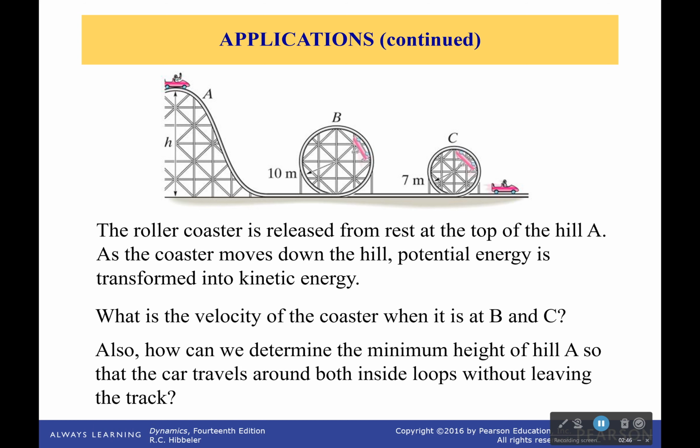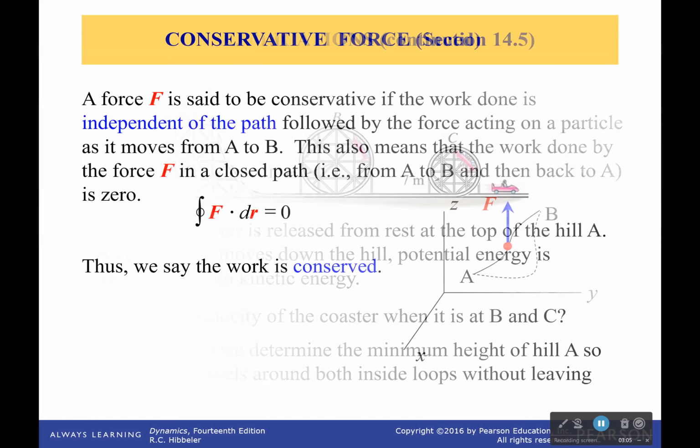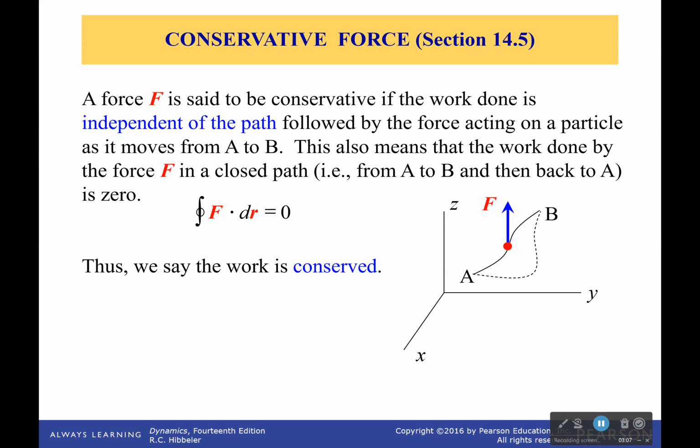So we might be asking ourselves, well, what is the velocity at point B and C to make this work? And the second question is, why are B and C lower than point A? Like, if this was perfectly efficient, could I have them all be the same height? Well, we'll find out. Now, before we can do any of that, we have to talk about conservative force.